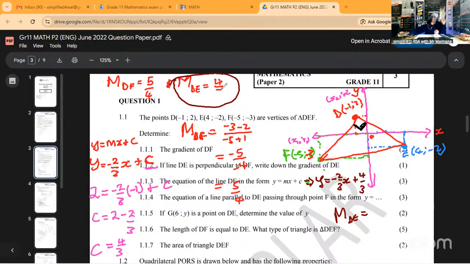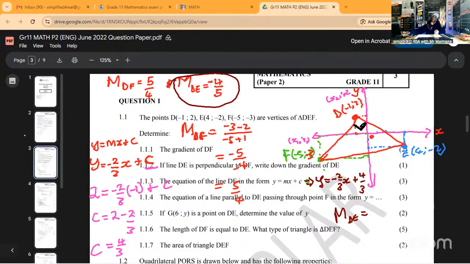Hey, had I not confirmed this gradient, we were gonna just flow thinking, but I'm glad we did. So now it's gonna be that, but then negative. We got this by doing the perpendicular thing, by saying gradient of df multiplied by gradient of dE must give us minus 1.